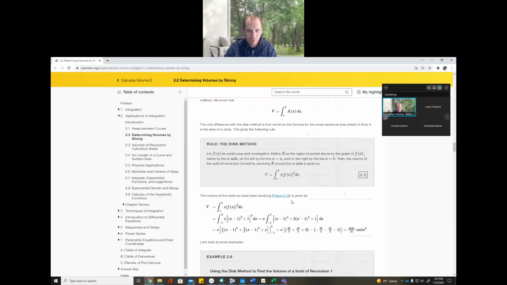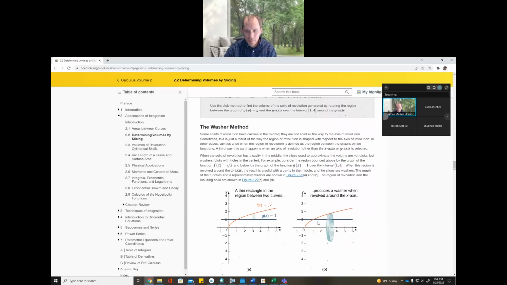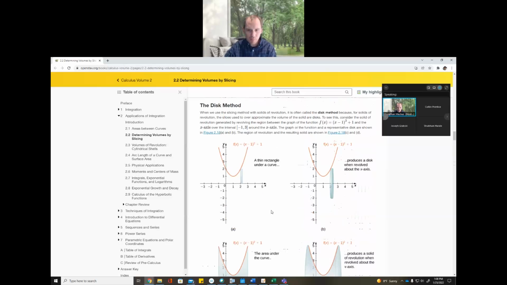And sometimes we have the same thing called the washer method. And that's just where you have a hole on the inside where your axis of rotation is, where the region is not butting right up against the axis of rotation. Both of these methods are otherwise the same idea.